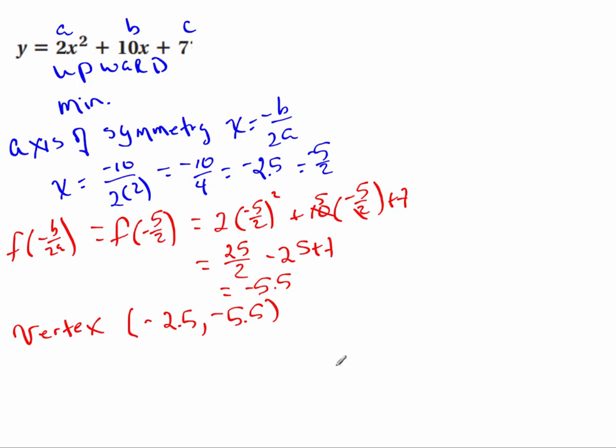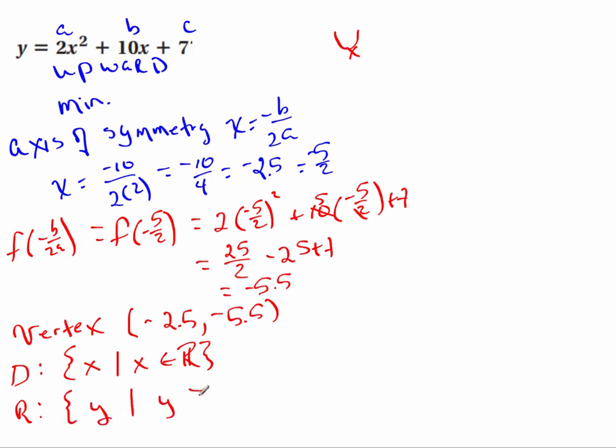The domain is the set of x such that x is a real number, and the range, because I know it's upward facing, I'm going to have a minimum. So the range is the set of y such that y is greater than or equal to, now I want that value right there.